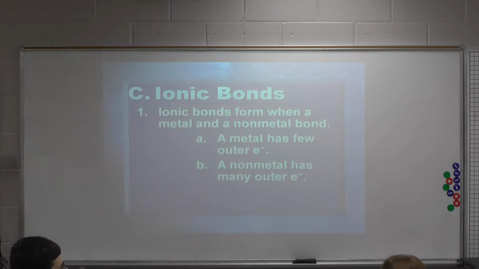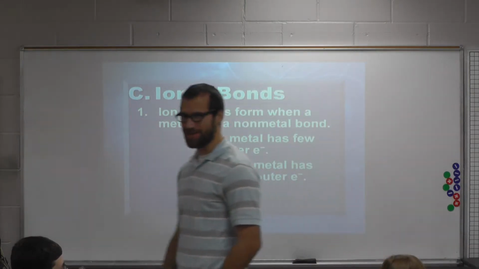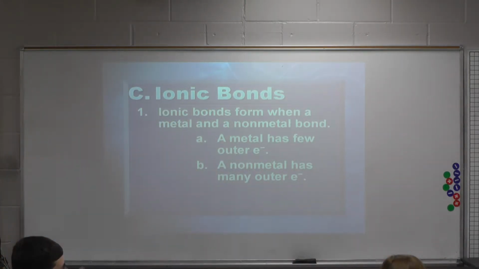It would float in space. Nothing would happen. Depends on the situation. It happens a lot in acids, which give off a proton, a hydrogen ion. That's higher level, quite a bit later. Okay?